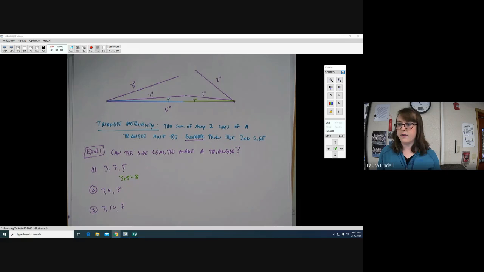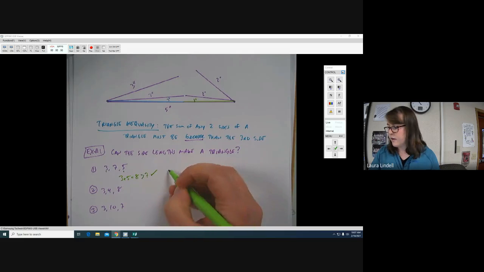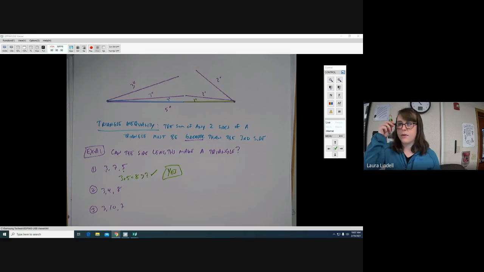Yeah, 8's greater than 7, right? So then we would say, yes, you can make a triangle with sides of 3, 5, and 7. All right. Well, what about 3, 4, and 8? What do we think?